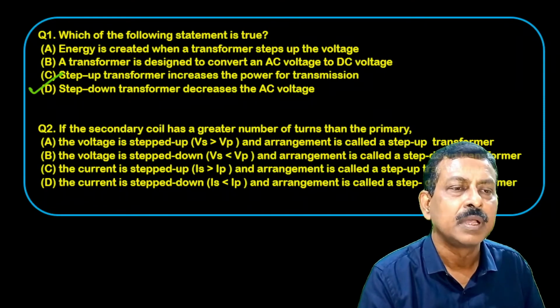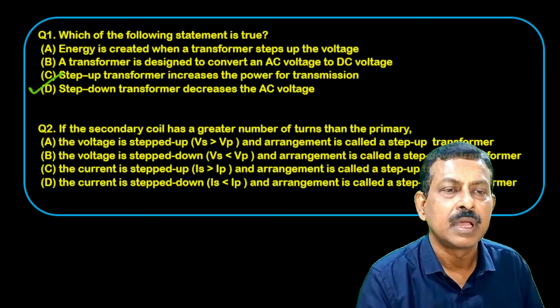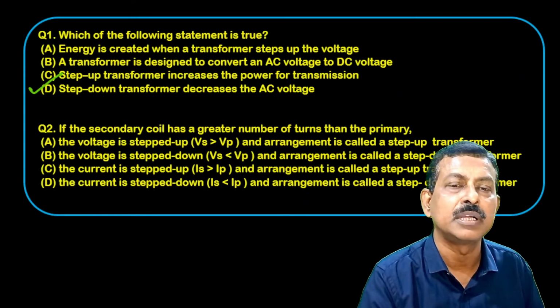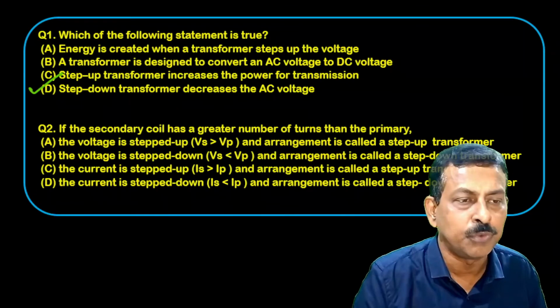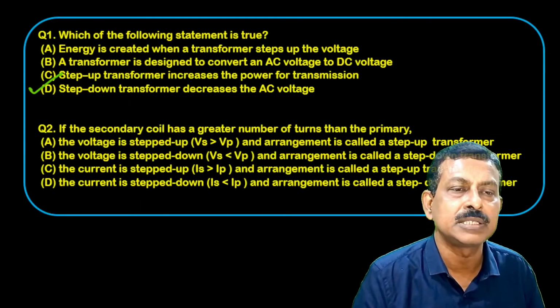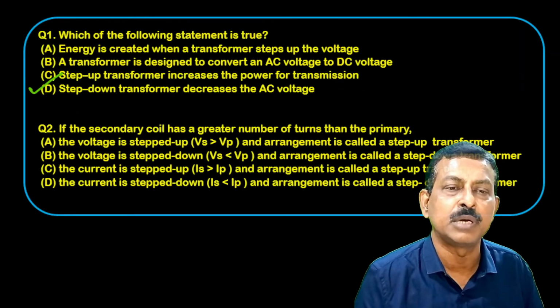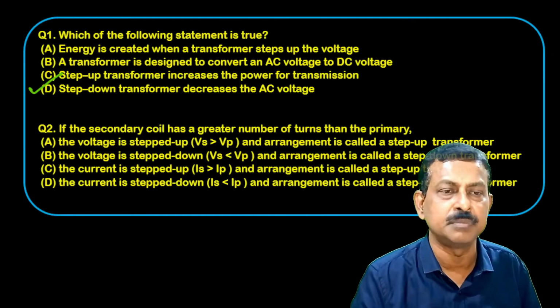Next, the current is stepped up, that is Is is greater than Ip, and the arrangement is called a step up transformer. And the fourth one is, the current is stepped down, Is is less than Ip, and the arrangement is called a step down transformer.